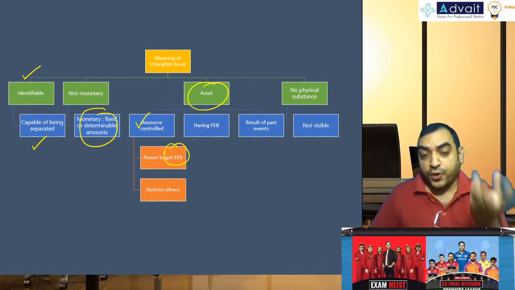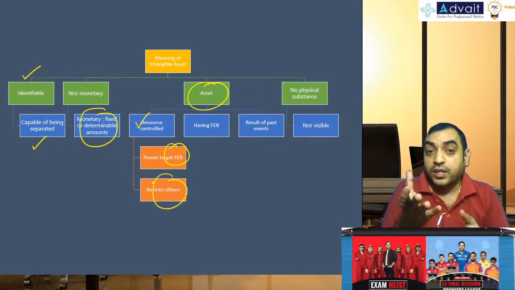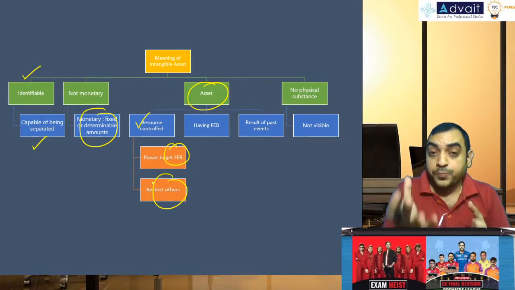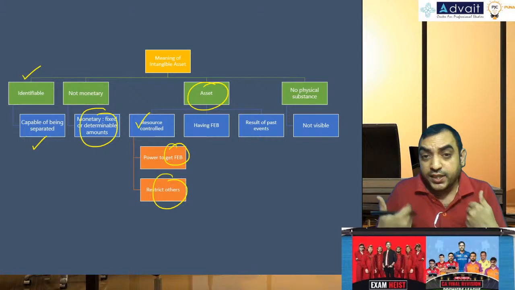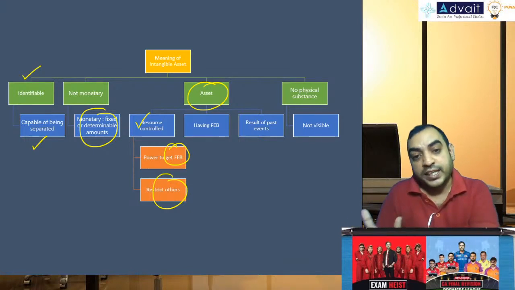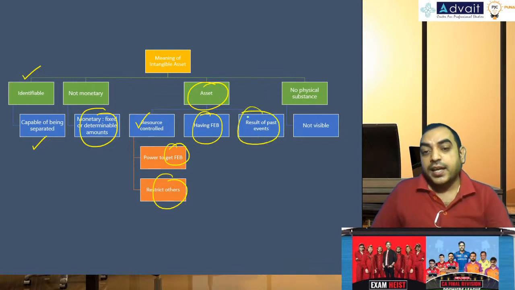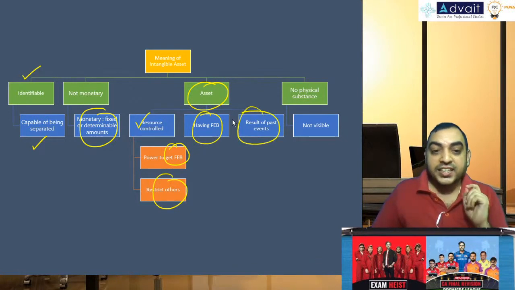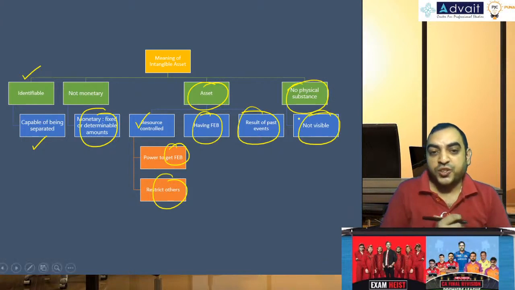Resource control means power to get benefits or restrict others from using it, like trade licenses, patents, logos, trademarks. That is your benefit. Either you use it or you restrict others from using it. That is a resource controlled by you, having future economic benefits, as a result of past events, and not a physical substance, therefore it is not visible.